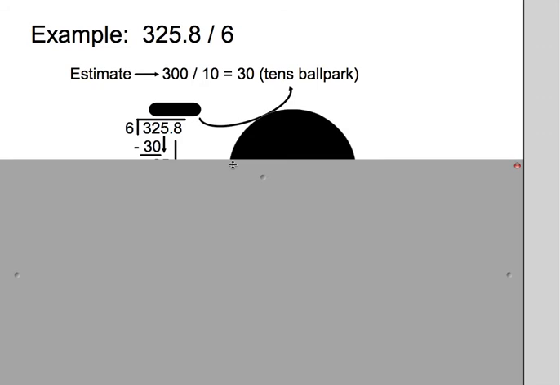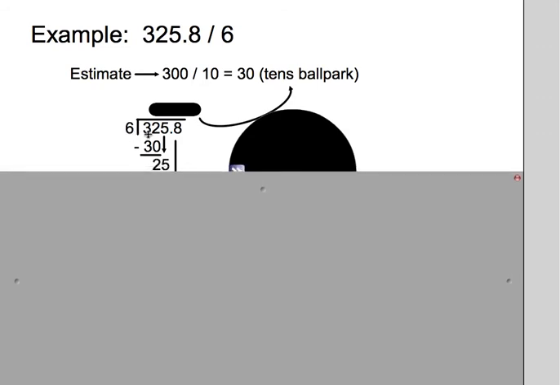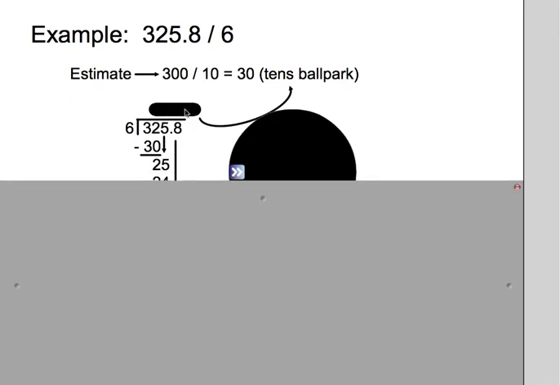So I know that 6 can't go into 3, but 6 can go into 32 5 times. I'm going to subtract 30 because 6 times 5 is 30, and I'll have 2 left.